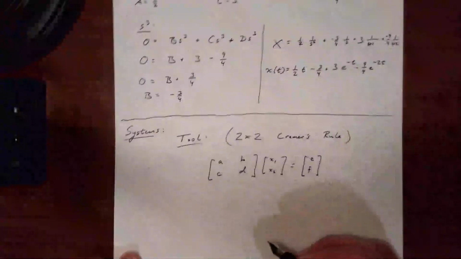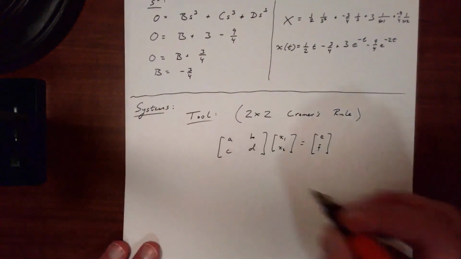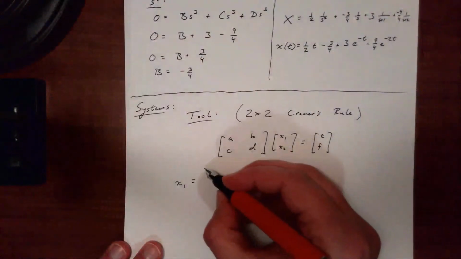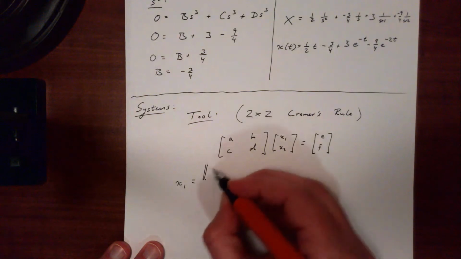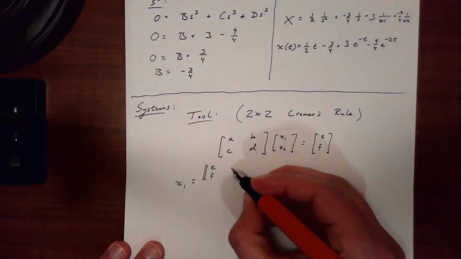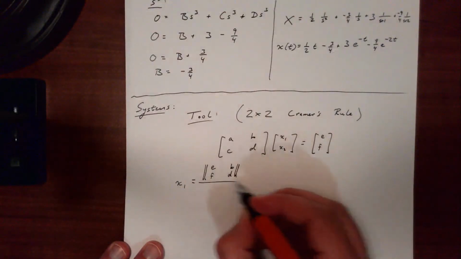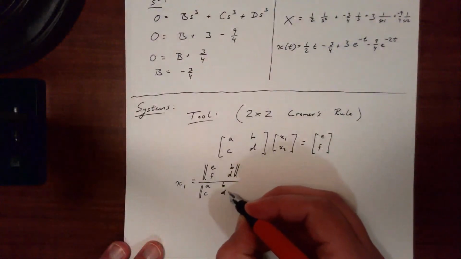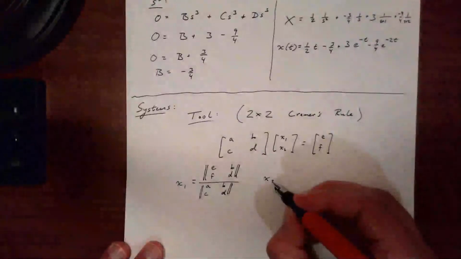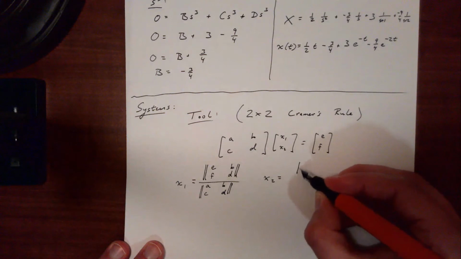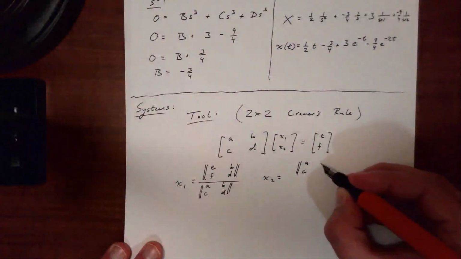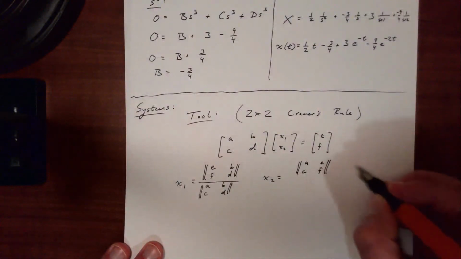And remember how Cramer's rule works. We can get the actual solutions right away by just cutting straight to this expression. The determinant of e, f in place of the first column of our matrix, b, d, divided by the determinant of the original matrix, a, b, c, and d, and then x2. a and c are where they're supposed to be, and then e and f are swapped in for the second column.